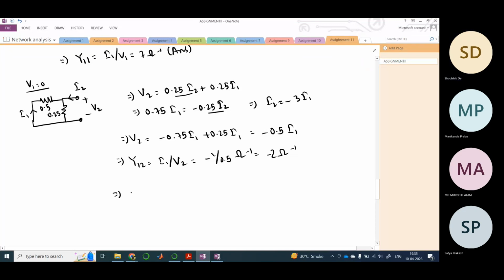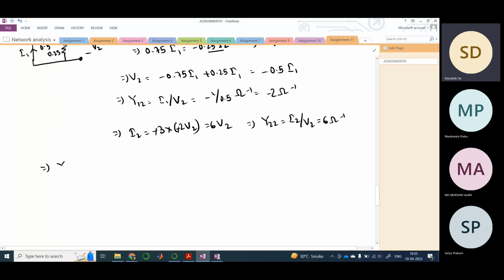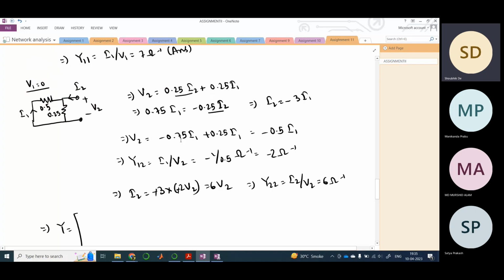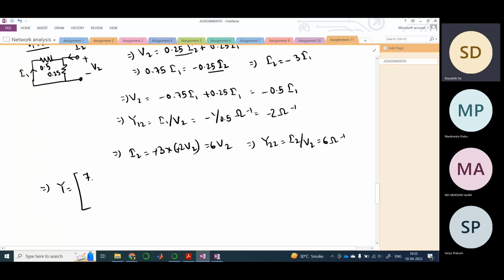So I2 would be 3 into 2 V2. So this is 6 V2. Therefore, Y22 is I2 by V2. It's 6 ohm inverse, right? So therefore, what is your Y matrix? Y11 is 7, right? So this is 7, this is minus 2, this is minus 2, and this is 6. So basically, this is your inner Y matrix that we have just found out.